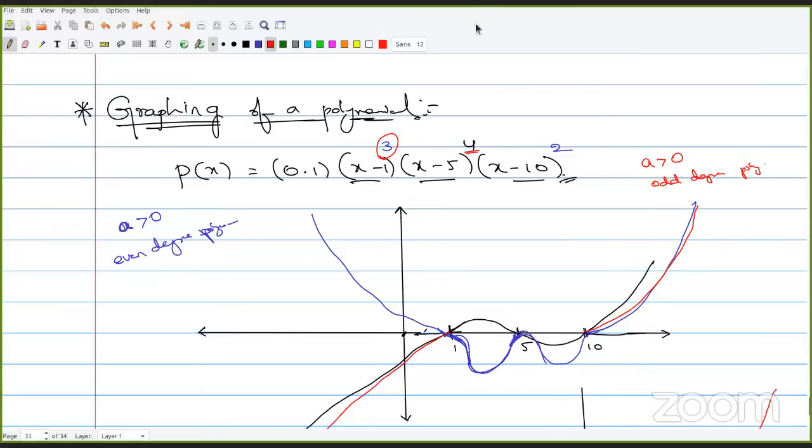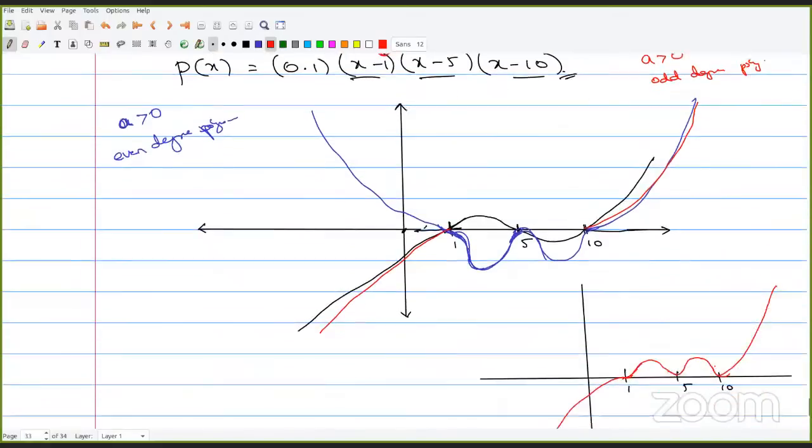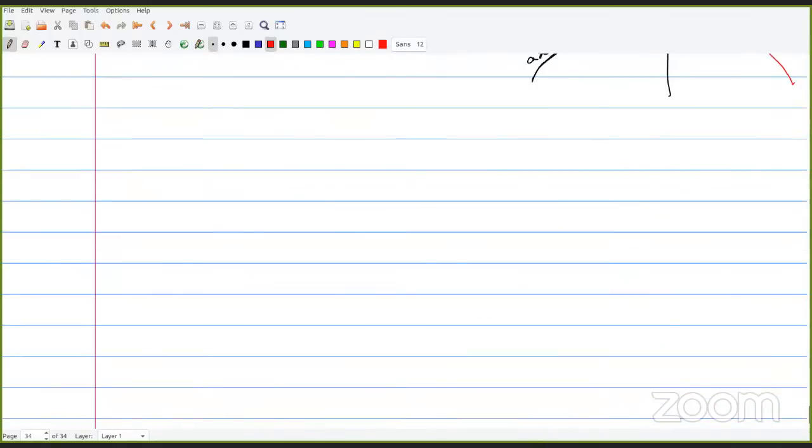Sir, what is the role of the coefficient? Sometimes, instead of x minus 10, 10 minus x is given as a root. So what will be the root in that case? Okay. So now the graph is like this, let us say. Now my p of x is 0.1, x minus 1 whole cube, x minus 2 whole power 4, and there is 10 minus x.